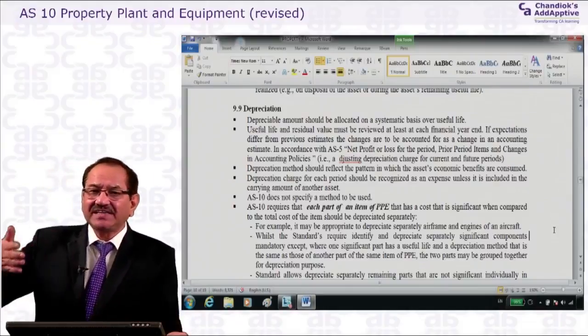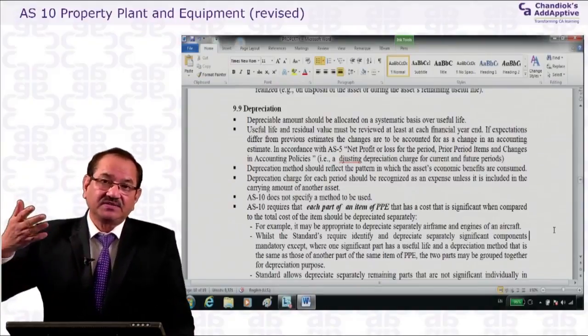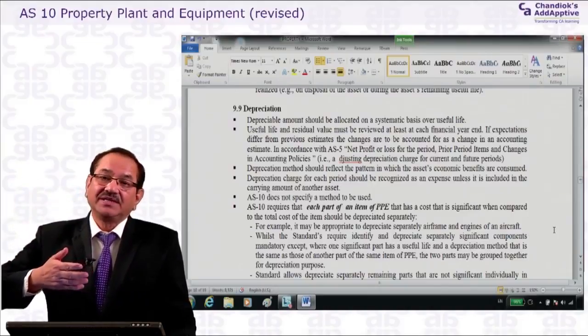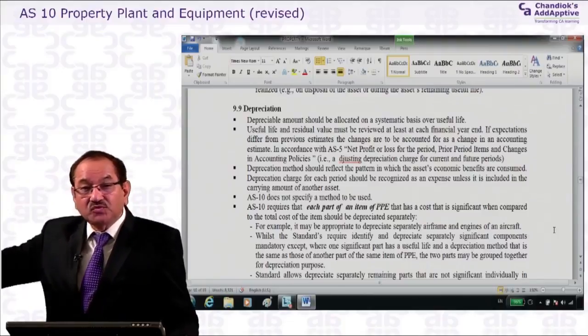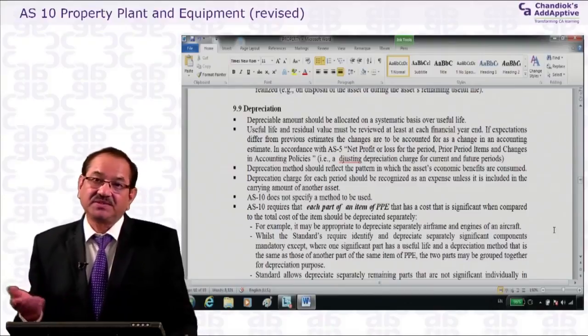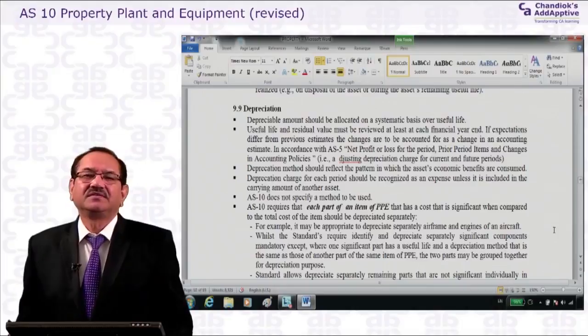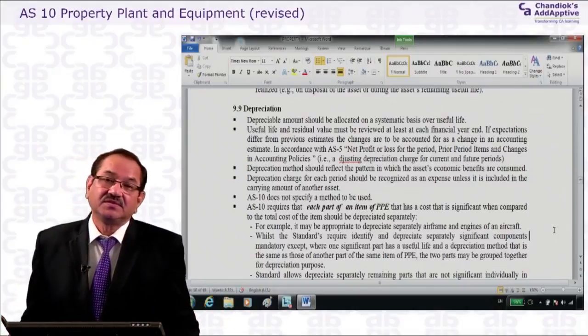If the pattern is that in the first year you get more benefit and consume more benefit, and next year less, like this, it means you should follow the diminishing value method of depreciation. If you say no, every year I get the same benefit, you should follow the straight line method.